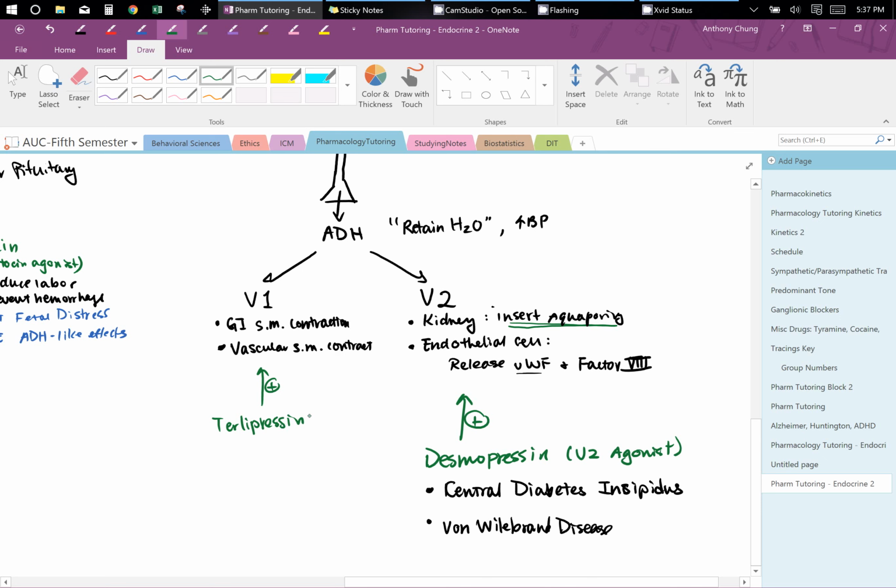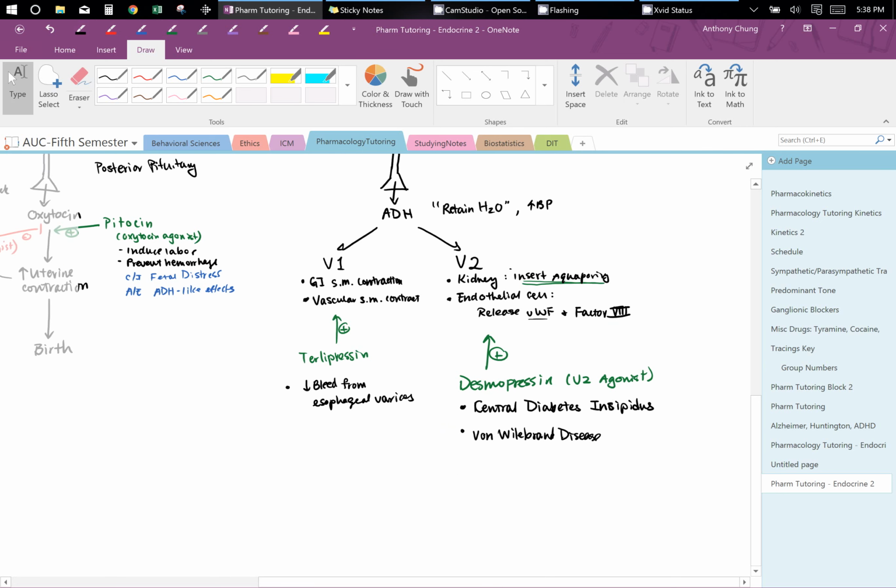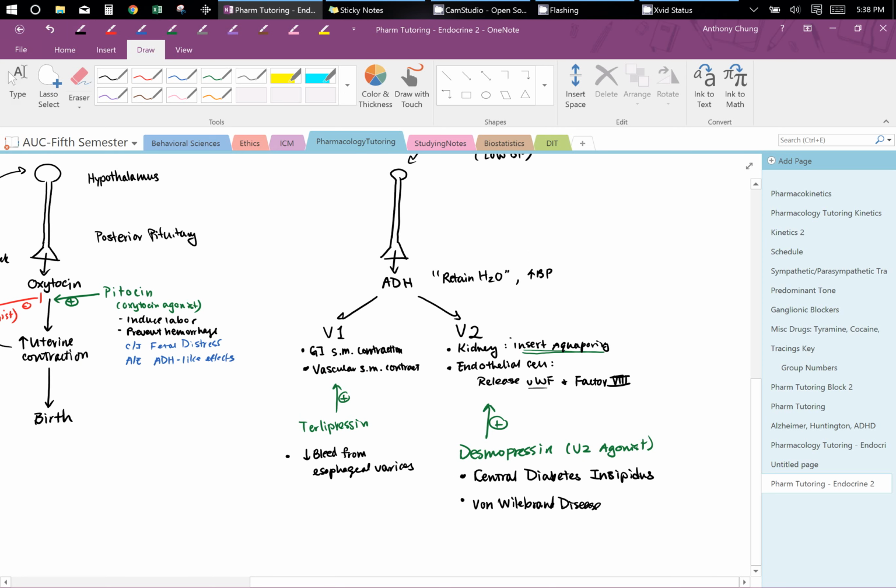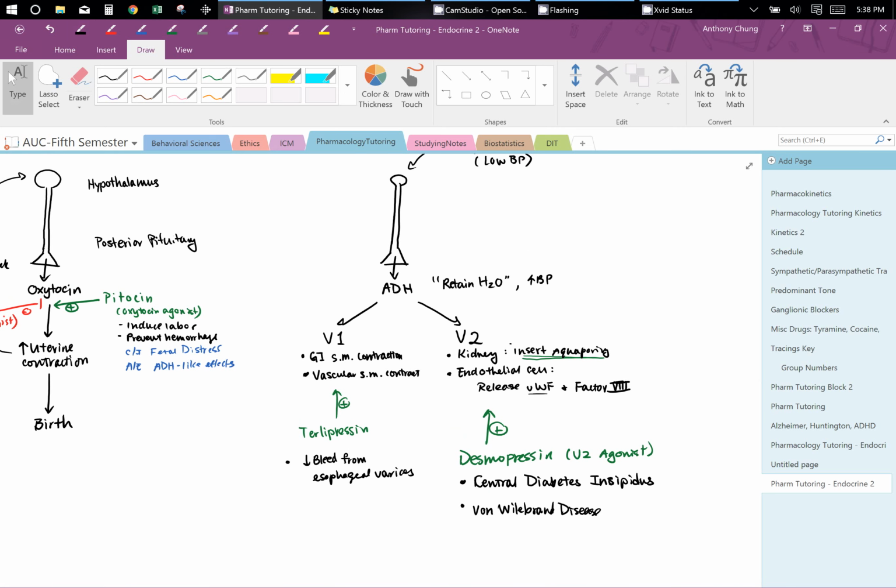And that you will use for things like decreasing bleeding from esophageal varices. Okay. So these are the agonists, and then we need to talk a little bit more about the antagonists.